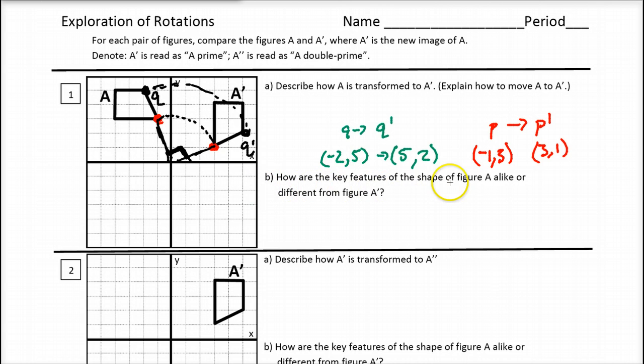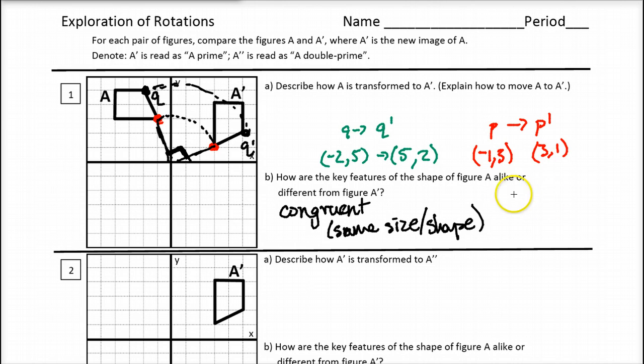How are the key features of shape in figure A alike or different from figure A prime? Well, first of all, it's congruent. What do we mean by that? Well, it's got the same size and shape. That stays consistent. But what does switch?